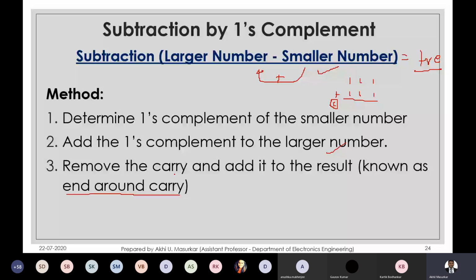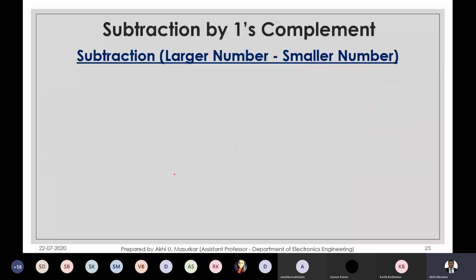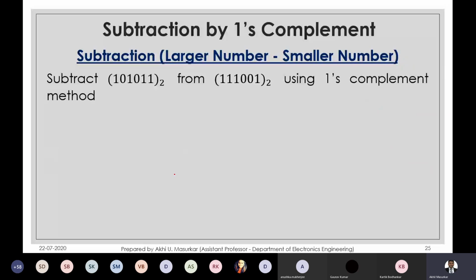Okay, so let's look at an example. The first example is, just write the sum: subtract 101011 from 111001. In the exam, they will clearly write subtract this number from this number.